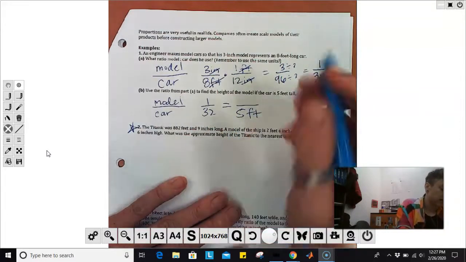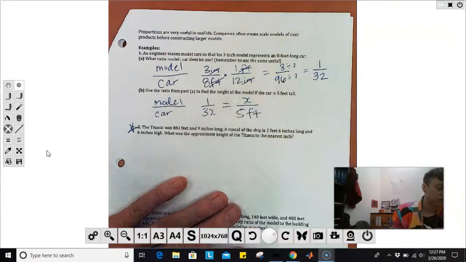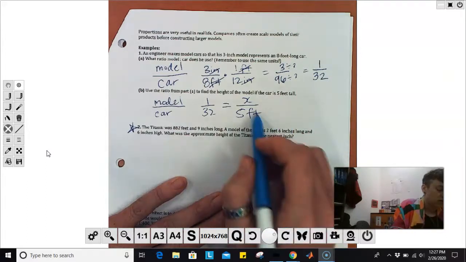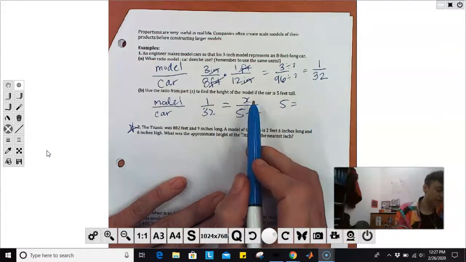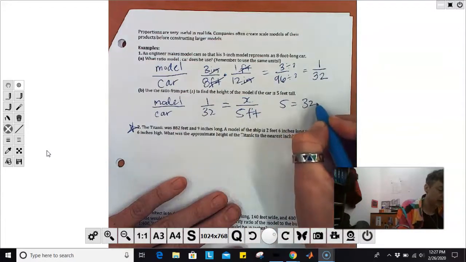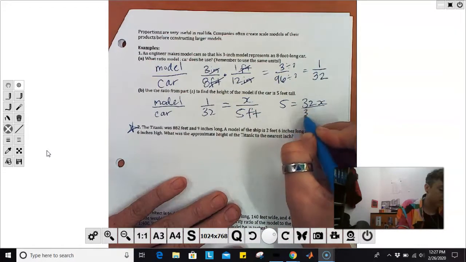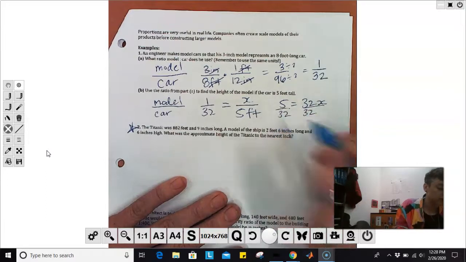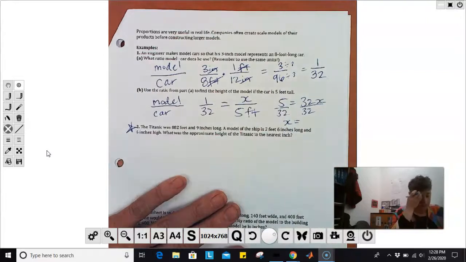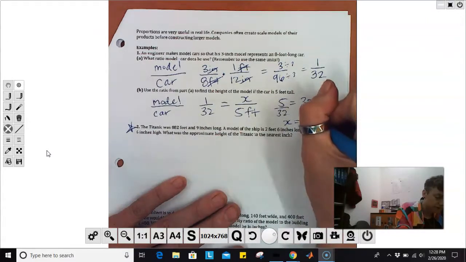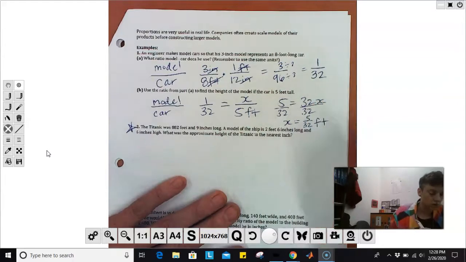So the model height is what we are solving for. Cross product: 1 times 5 is 5. x times 32 is 32x. Divide by 32. So x is 5 over 32 feet tall.